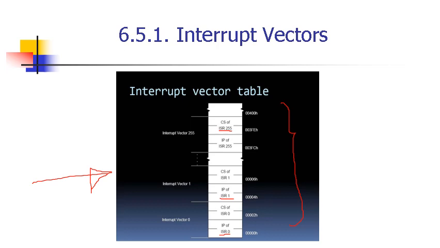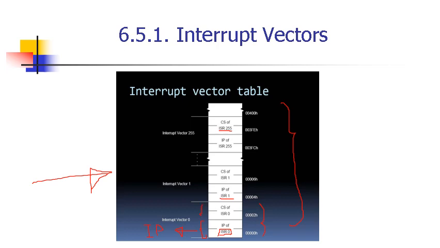For example, if you are to call interrupt service routine number 0, you would have to go to the first 4 bytes in your memory, byte number 0 and byte number 1. You get a 16-bit value to be placed in your IP. So this is the value of your instruction pointer.